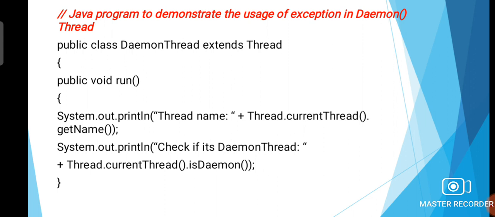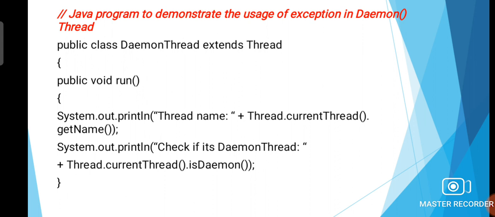The thread name will be accessed with the help of the method getName, which is accessed from the method currentThread, which belongs to the base class Thread. So we are applying the method in this fashion, Thread.currentThread().getName(). The current thread name will be retrieved and printed under the run method.